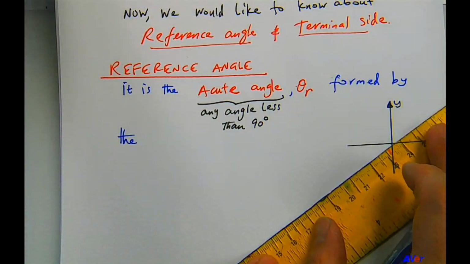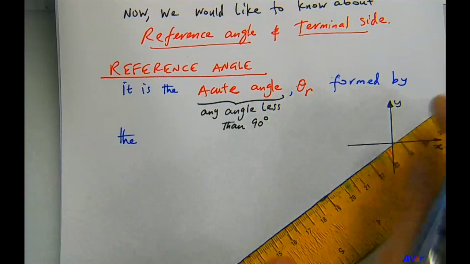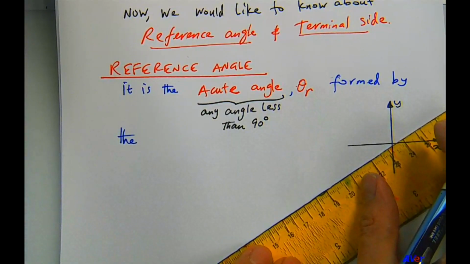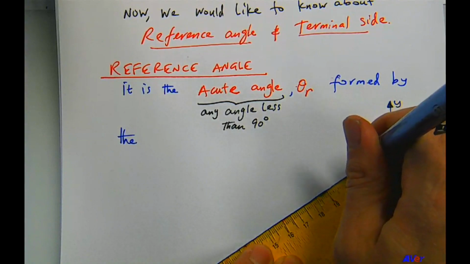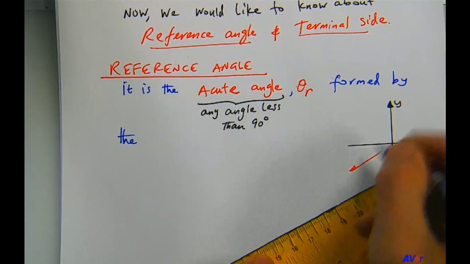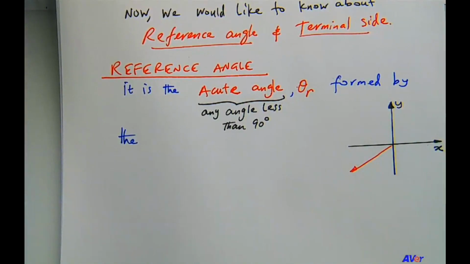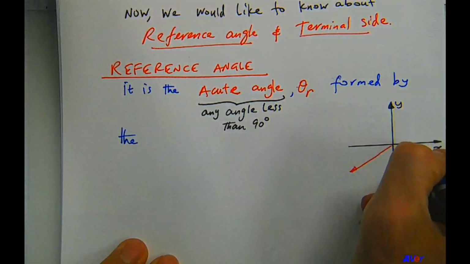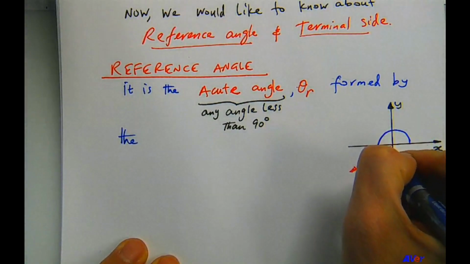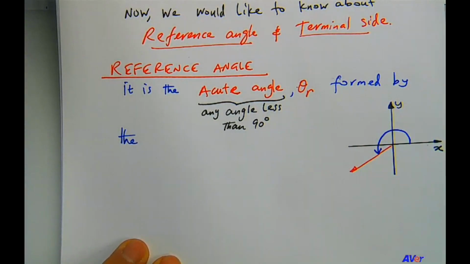So let's say this is our angle, and we assume that we got here by going counterclockwise, or in the positive direction.